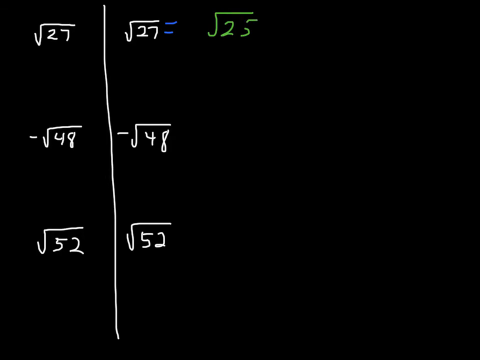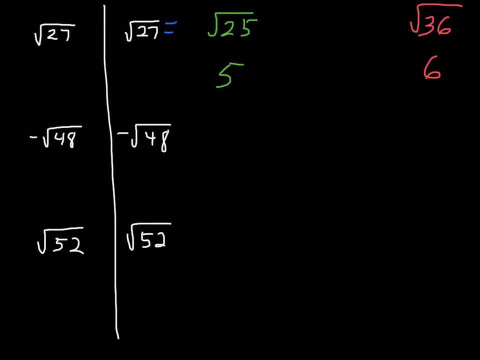And the square root of 25, of course, is 5. Then I have a perfect square that's above it, which is 36, and the square root of 36 is 6. Then you take a look at this number and ask, is 27 closer to 25 or 36?